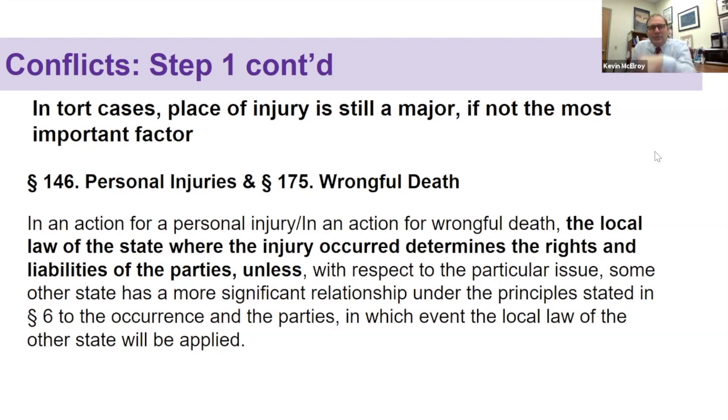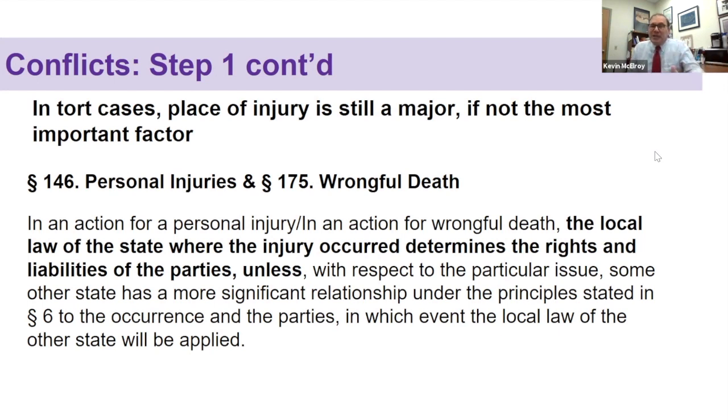Okay? So again, first section 6 for torts, then 145. And I just wanted to show you this because when all else fails on a bar exam, remember the place of injury is going to be most likely the correct answer, just like it would be under the first restatement.